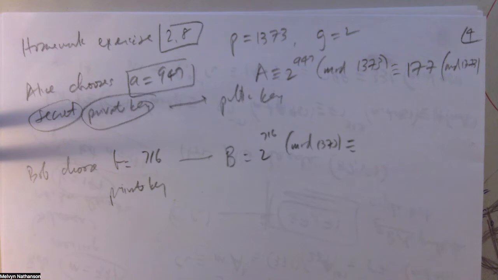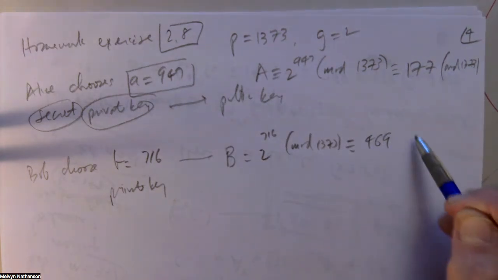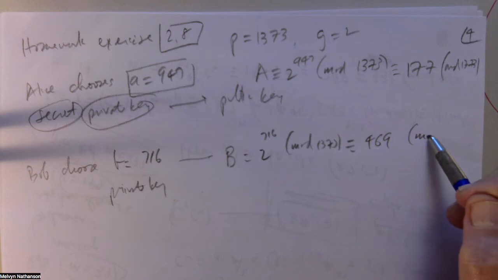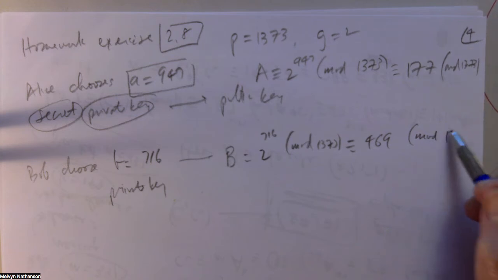The book is telling us what that is, but I'm just going to double check using Maple. And we both get 469 mod 1373.